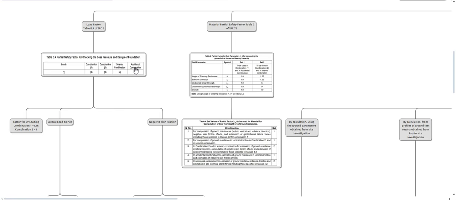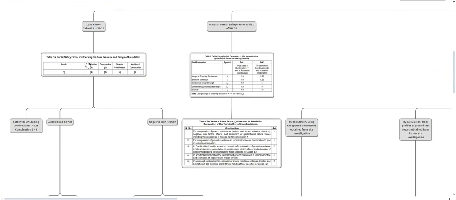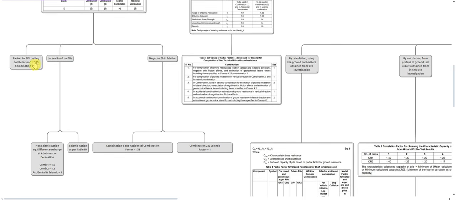In reference to the pile design, there is some additional information suggested by the code in addition to what is given in table B4 of IRC 6, such as SV loading. So it says for combination 1 the factor shall be 1.15 and for combination 2 it shall be 1.